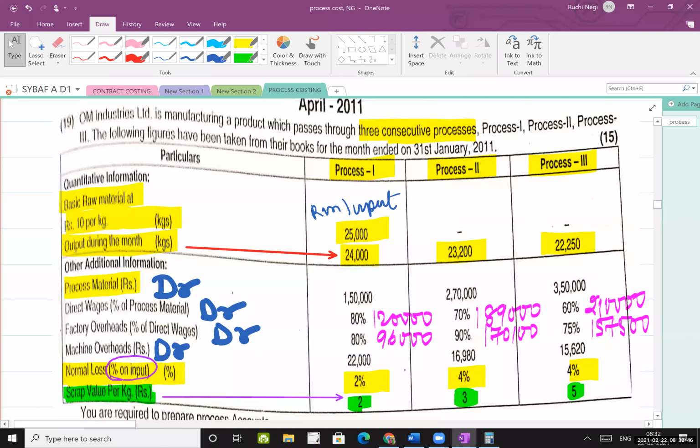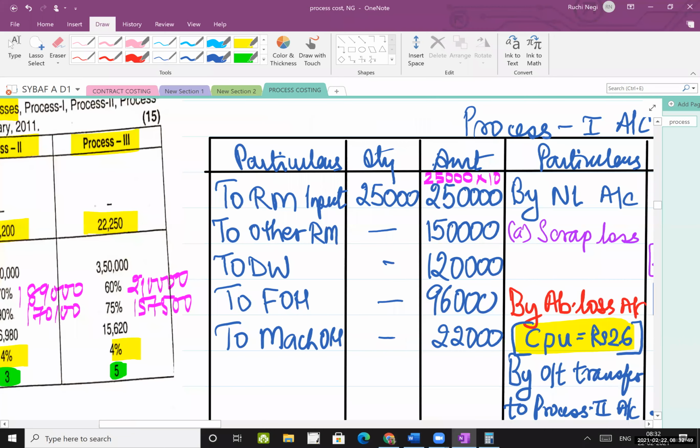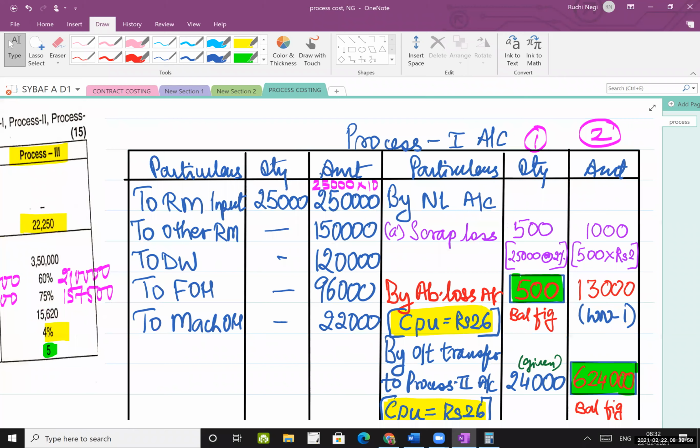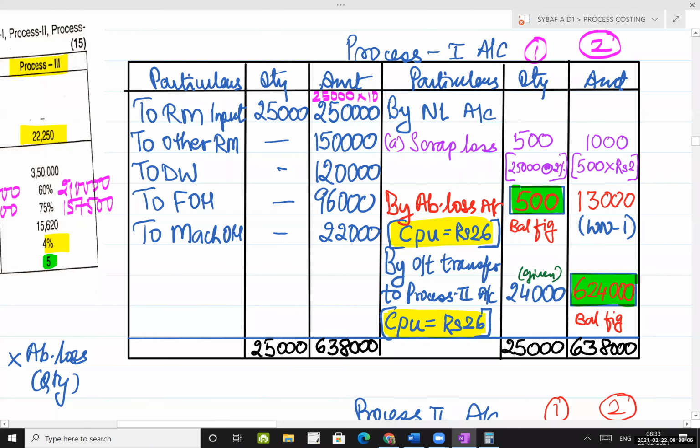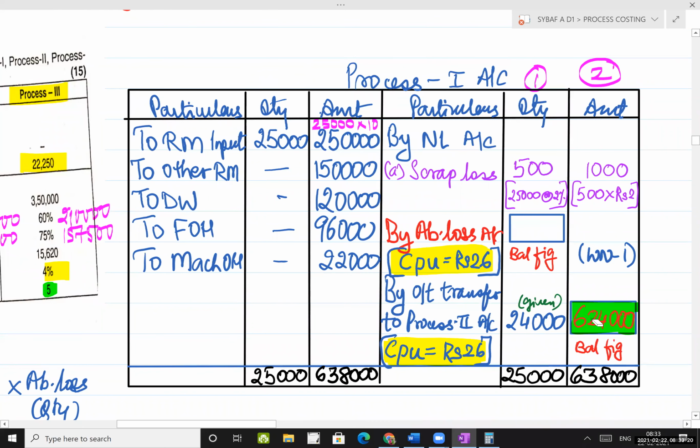Okay. So let us first prepare a process account. Process 1. Okay.